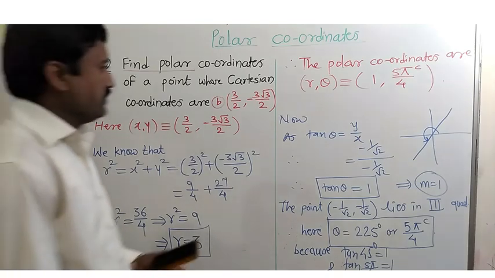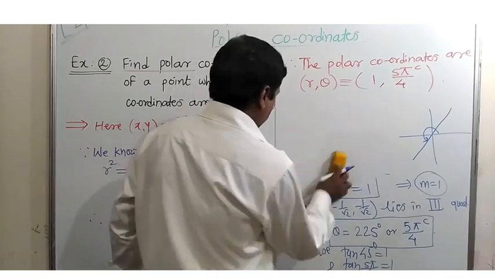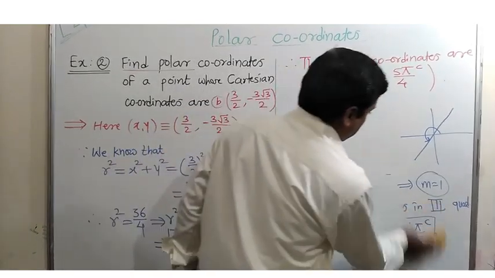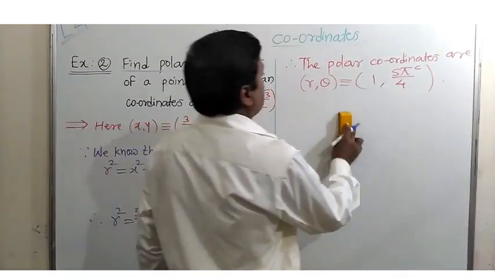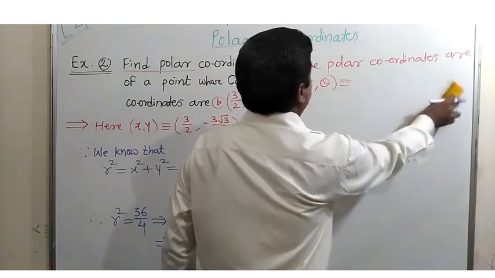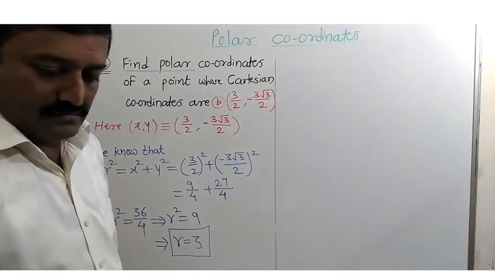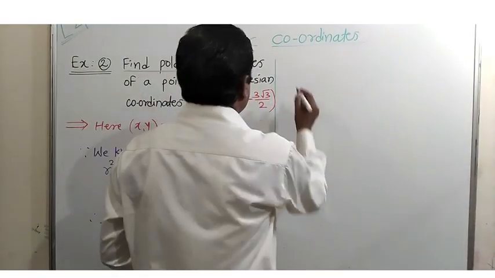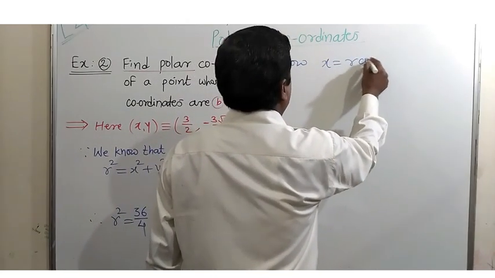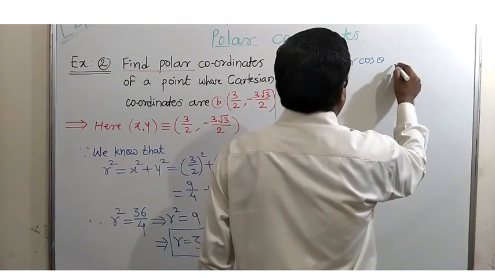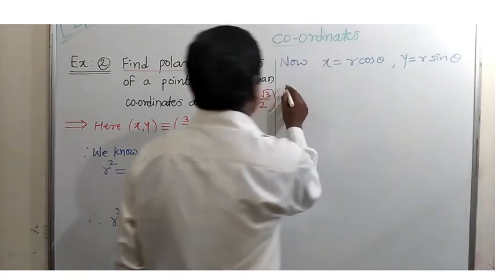Now in the second step, as tan theta equal to y upon x, let us use the different equations to find the second polar coordinate, that is theta. Now x equal to r cos theta and y equal to r sin theta.